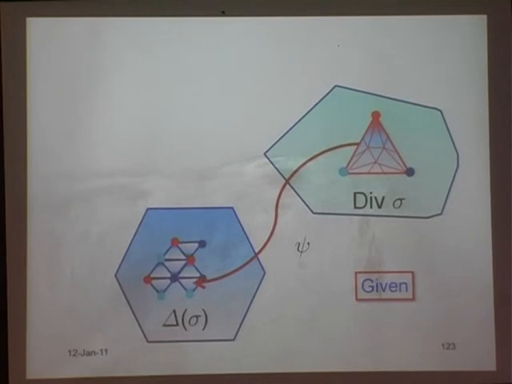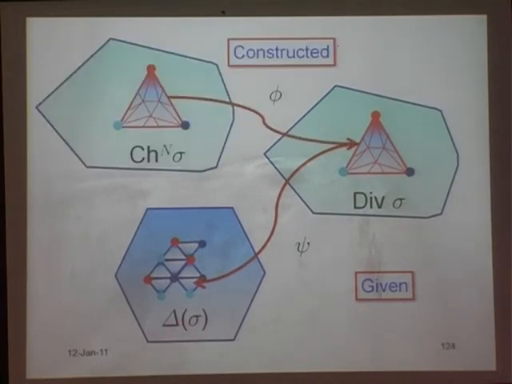So the basic idea is that we're given an arbitrary chromatic subdivision and a simplicial map that's carried by big delta. And what we've constructed is a map that goes from the iterated chromatic subdivision to the arbitrary subdivision.